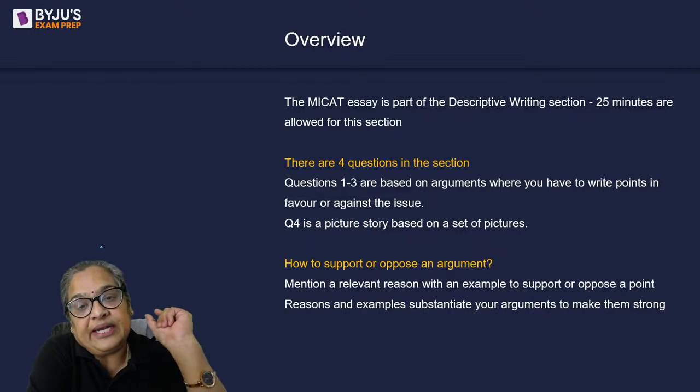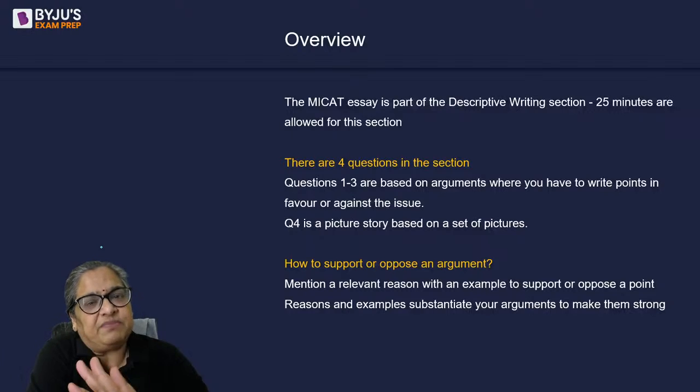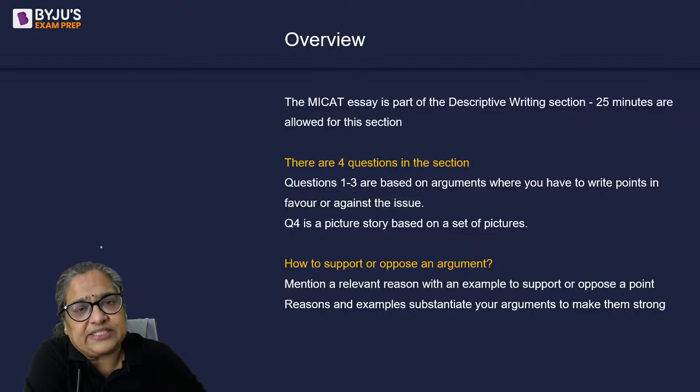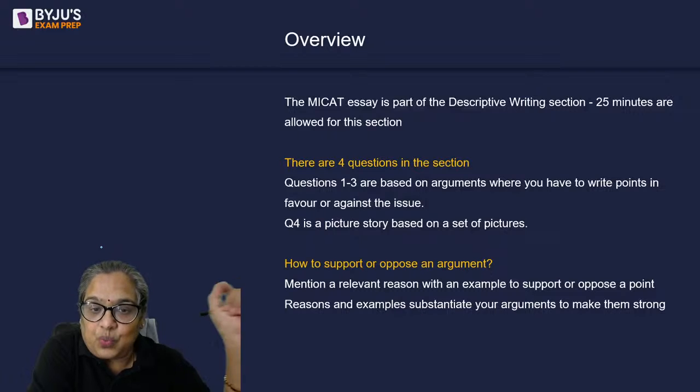As you know, it is the descriptive writing section. There are no negative markings obviously, but there are obviously marks on it. 25 marks for a 4 question section. So what is the first question?